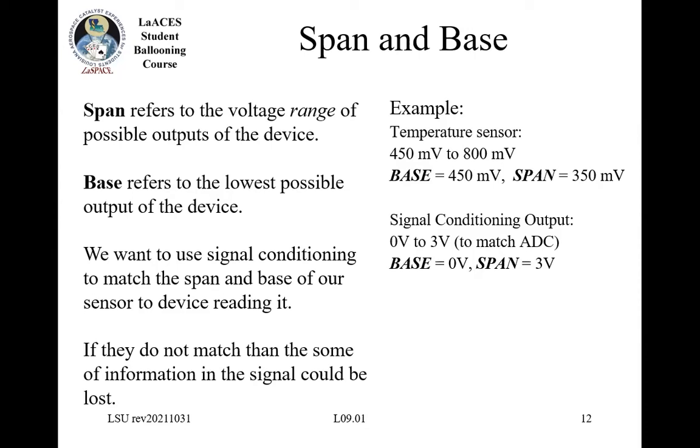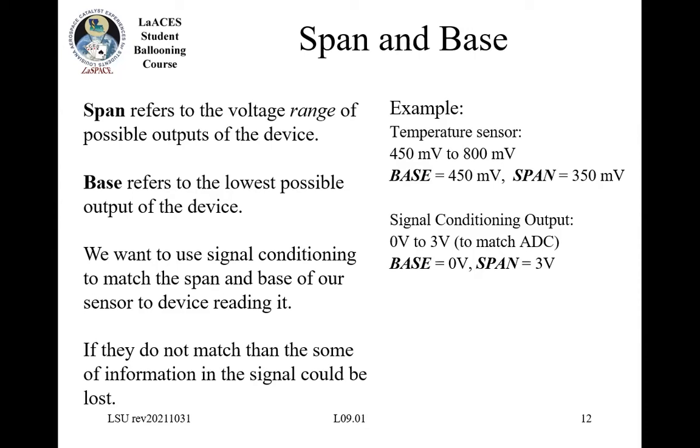In that case, we're talking about the voltage drop across the diode. In the temperatures that we care about, it's going to be between 450 and 800 millivolts. So that's 0.45 to 0.8 volts. But we're going to read it out with something that reads from 0 to 3 volts in this case.